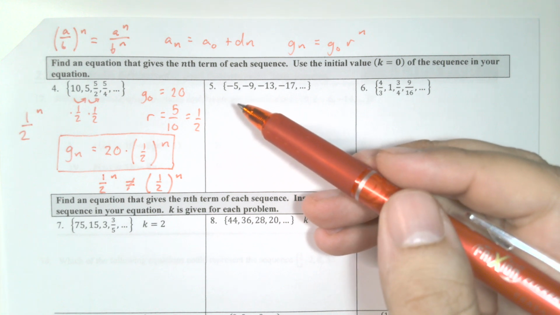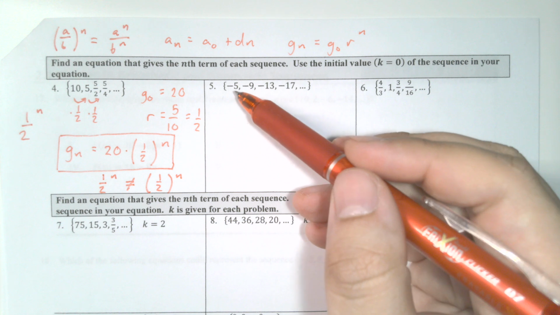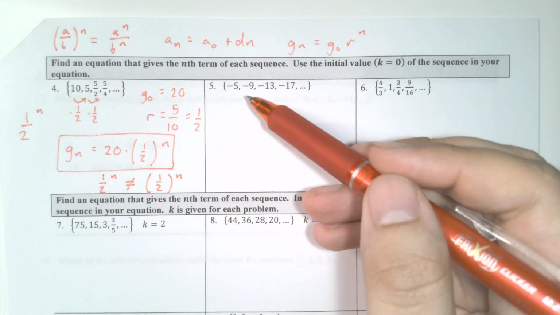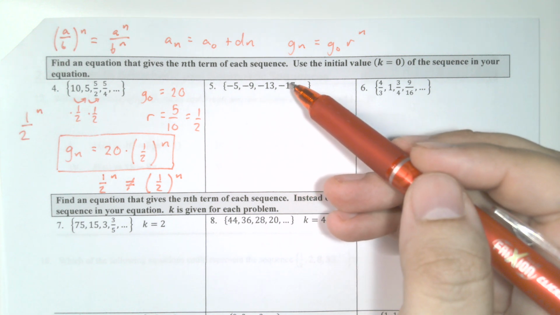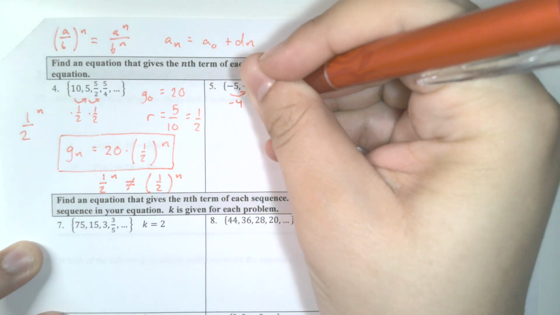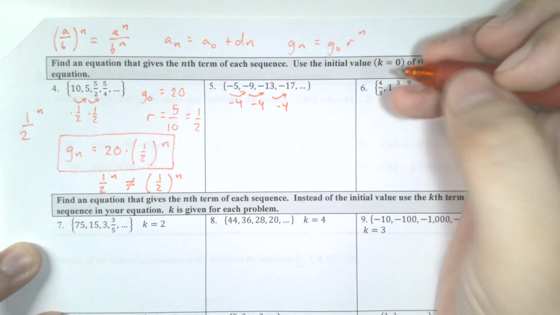Let's see if we have an arithmetic or a geometric sequence here. So -5, let's check if we have arithmetic. So -5, we are subtracting 4 to get to -9, subtracting 4, subtracting 4. This checks out as an arithmetic sequence, and we're subtracting 4 every time.